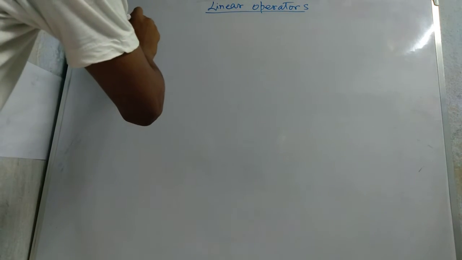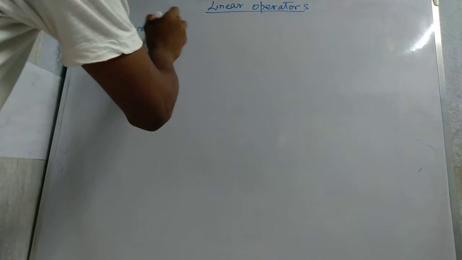Today we start about linear operators, one of the important topics in functional analysis. Now we start with the definition of a linear operator. First we talk about what an operator is. Which one is called an operator?